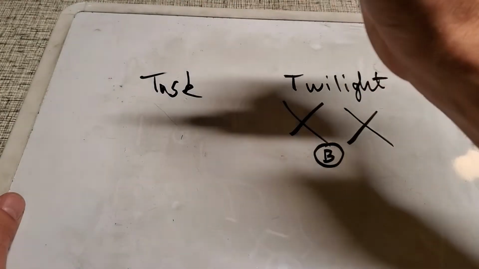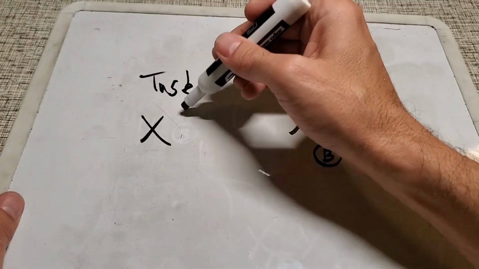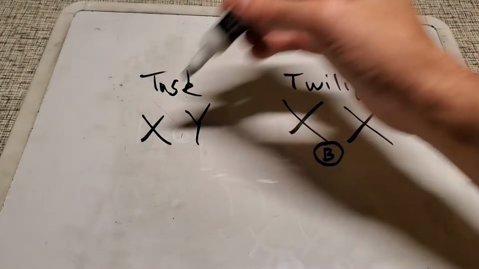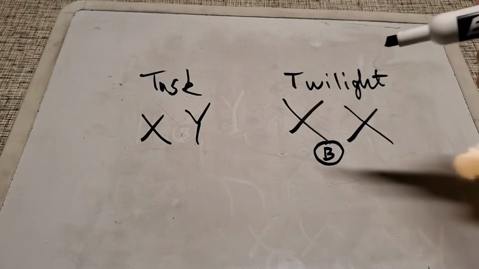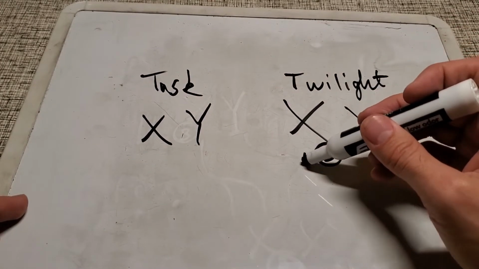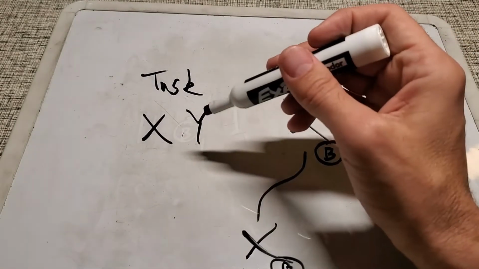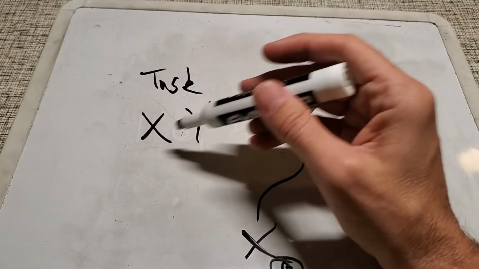But Tusk is not a banana, so he has a normal X and Y. If we bred him to Twilight and she donated her banana, Tusk still has to donate his chromosome.